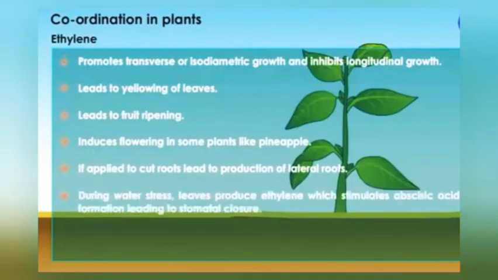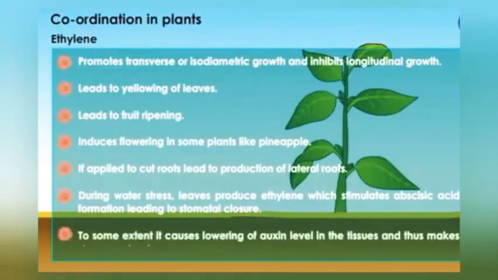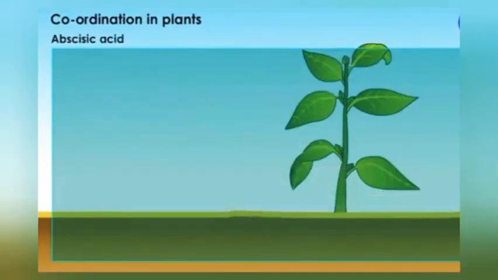During water stress, leaves produce ethylene which stimulates abscisic acid formation, leading to stomatal closure. To some extent, it causes lowering of oxygen level in the tissues and thus makes stems geotropic.